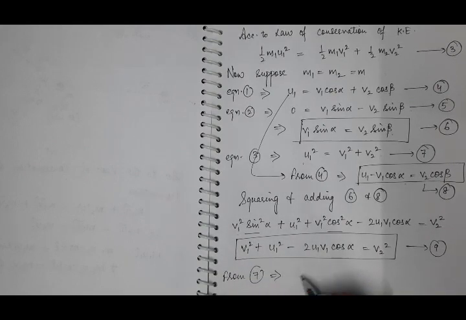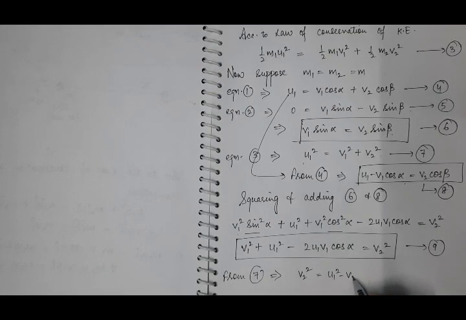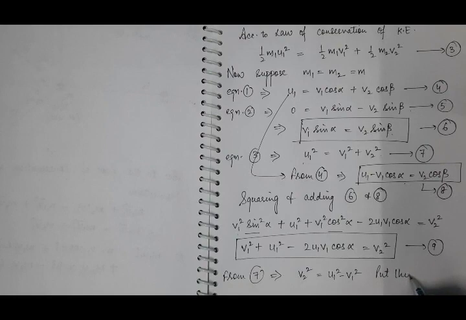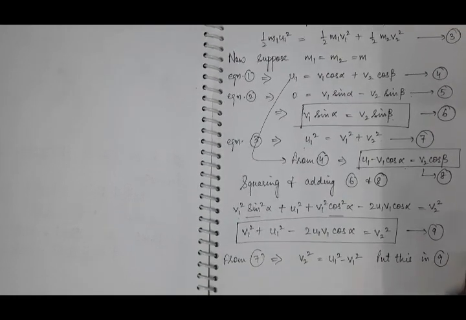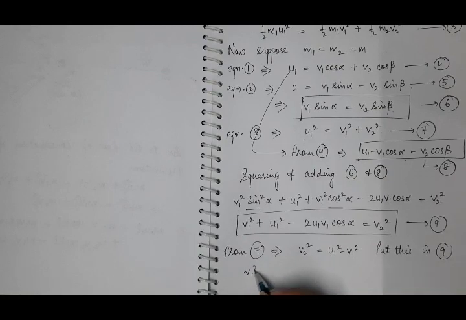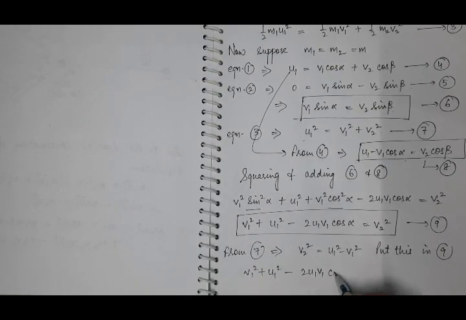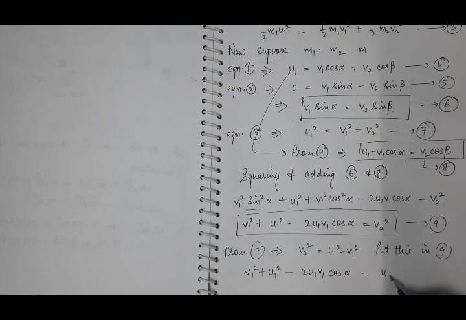From equation 7th, v2 square is equal to u1 square minus v1 square. Put this in equation 9th, and you will get v1 square plus u1 square minus 2 u1 v1 cos alpha, equal to u1 square minus v1 square.